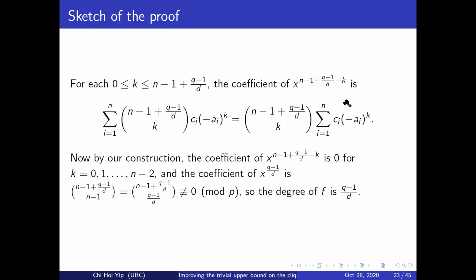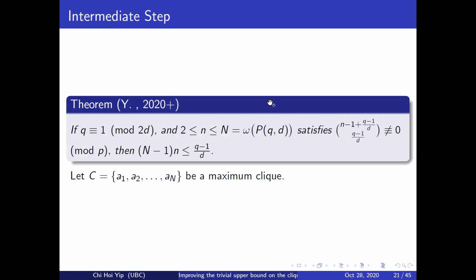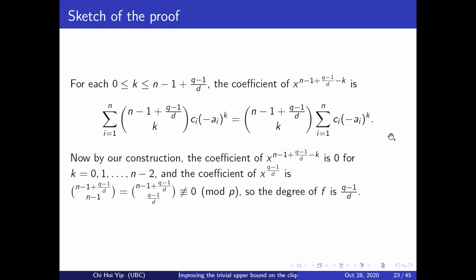The magic is that by our construction, this is 0 when k is from 0, 1 up to n minus 2, and when k is n minus 1, this is 1. And we assume that this binomial coefficient is non-zero. So that means the coefficient of x to the (q minus 1) over d is non-zero.